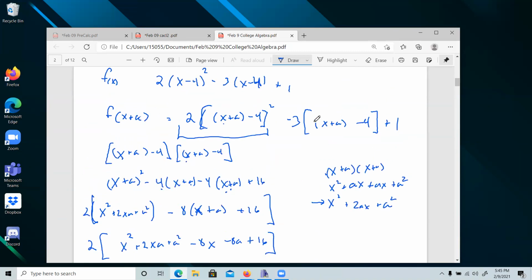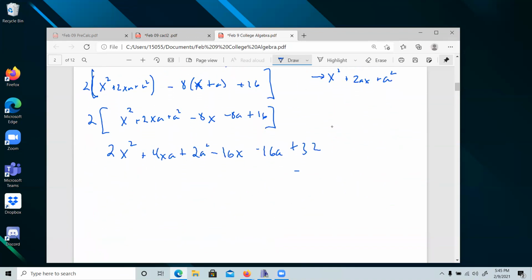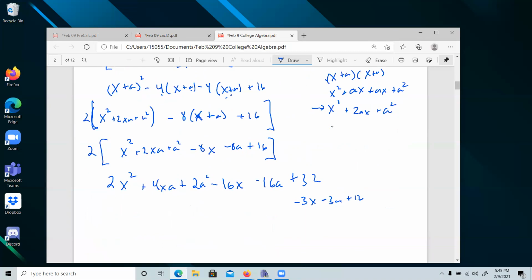Now I'm just going to bring this part down, right? This is minus 3x minus 3a plus 12. I'm just going to bring that part down. So we have minus 3x minus 3a, plus 12, plus 1. All right. Now I got some stuff to combine.